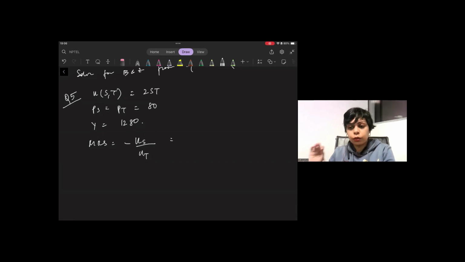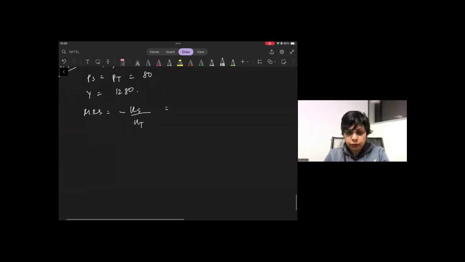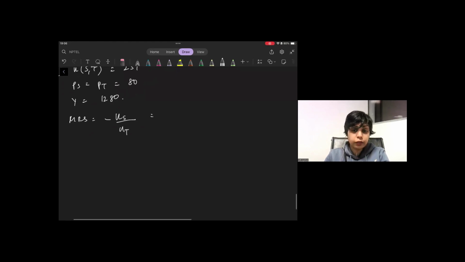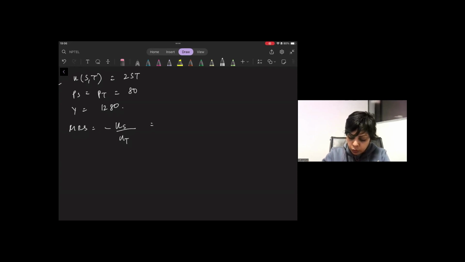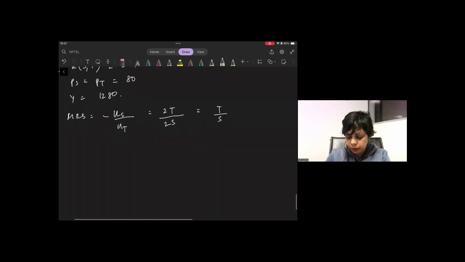The minus is just to keep things simple, but I'm just going to get rid of the minus because we are going to use this for calculation, and that minus creates a bit of confusion in the calculations, which is why we often tend to remove it. So US is del U by del S, which is 2T, and UT is del U by del T, which is 2S, which becomes T by S, right? So the correct answer is A.